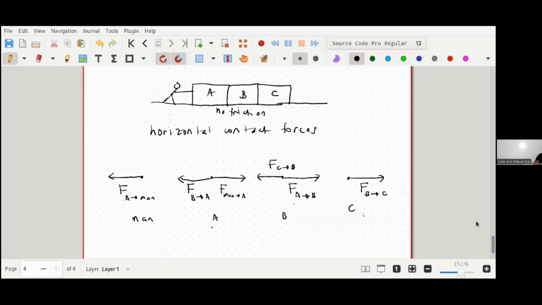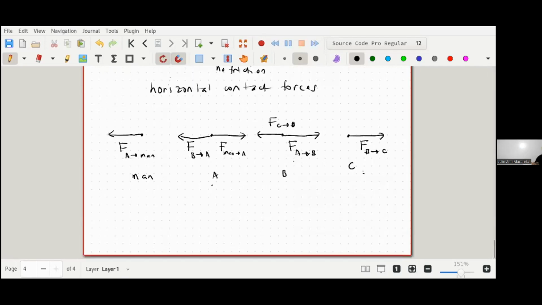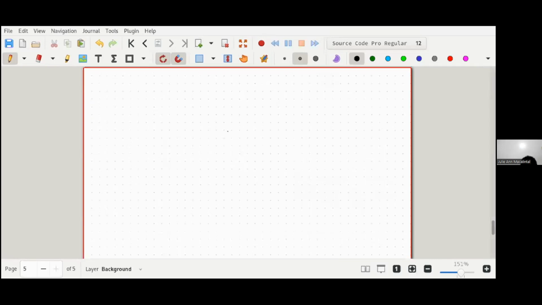Okay, so ngayon, another force that we're going to consider is a rope. Yung forces acting on a rope and exerted by a piece of rope or string. So, let's say you have a man, tapos pulling a string or pulling a rope that's attached to a box.